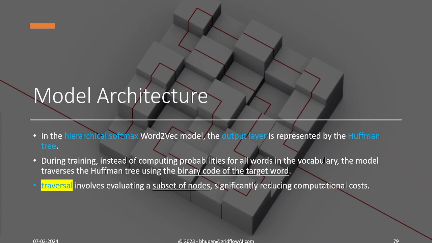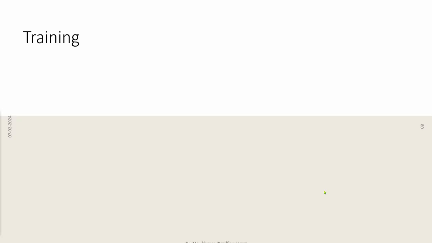During the traversal, whichever words we encounter are the subset of words for which the algorithm computes the probabilities. That significantly reduces the computational cost.